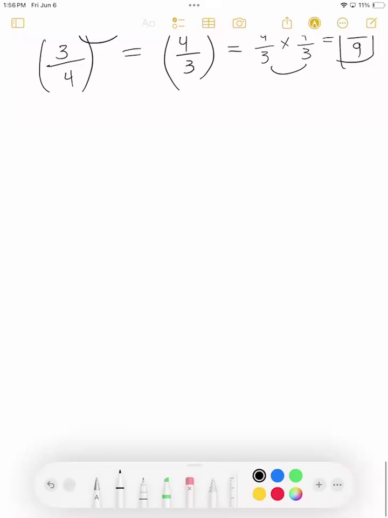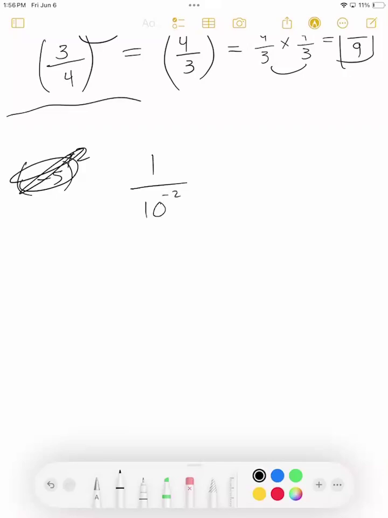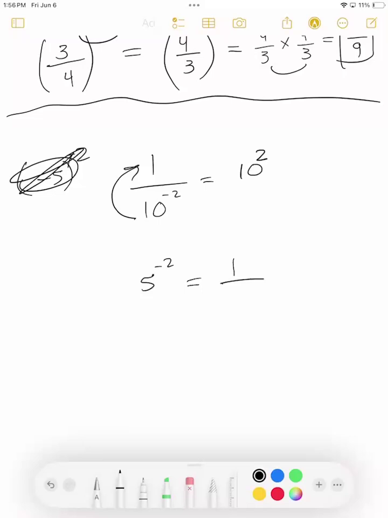What if we have negative 5 to the power negative 2? I did this problem. What if I have 1 over 10 to negative 2? We don't want to have negative exponent. What do I do with this? I move it to the top. It becomes positive 2. If I have 5 to the negative 2, I write it over 1. It becomes positive.